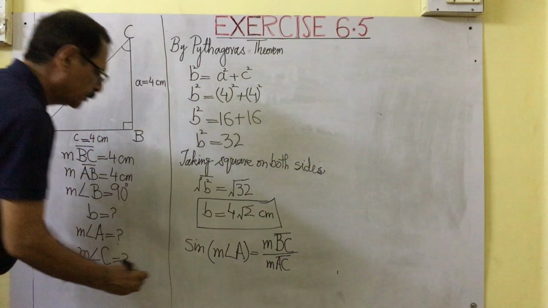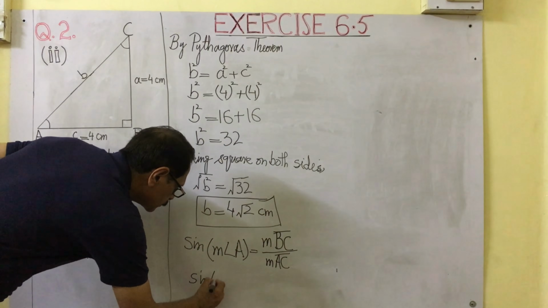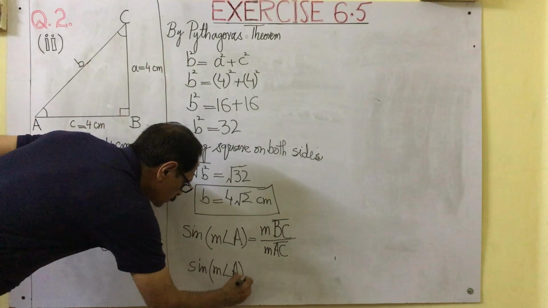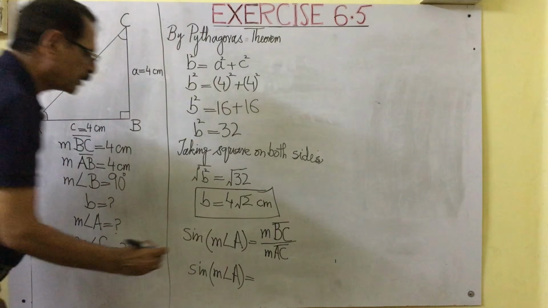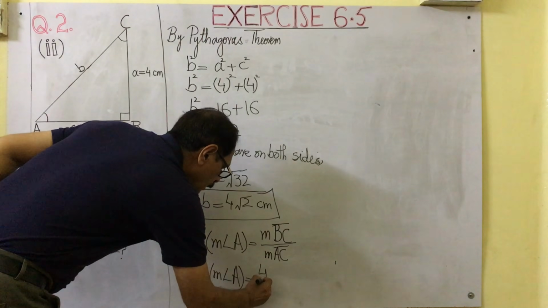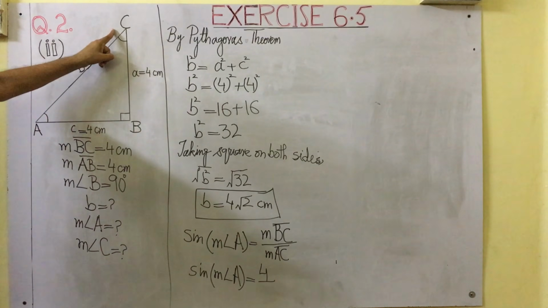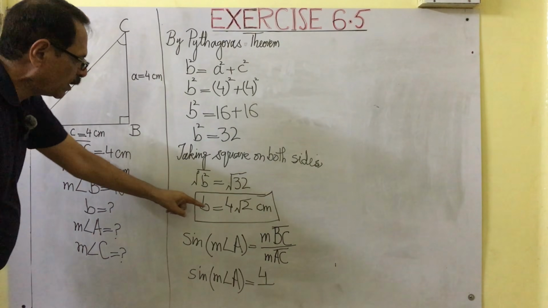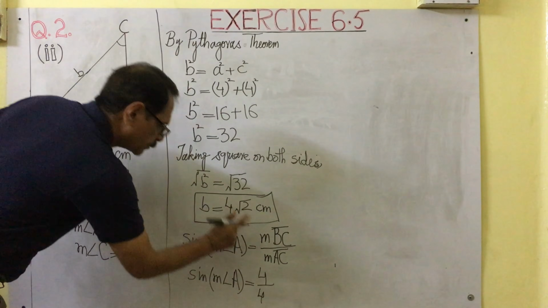Putting the values, BC 4 centimeters, AC is equal to B, 4 into square root of 2.